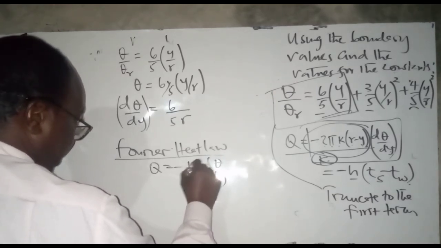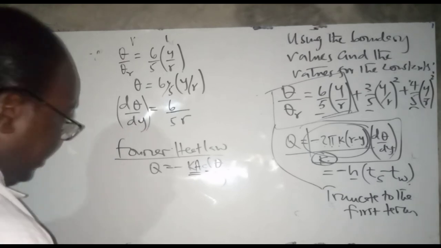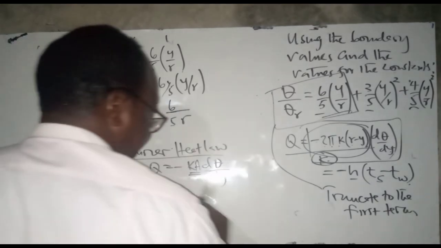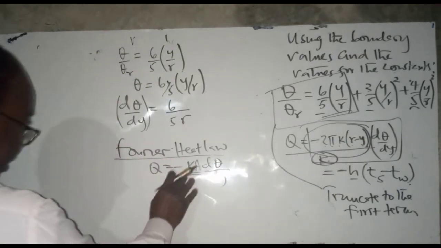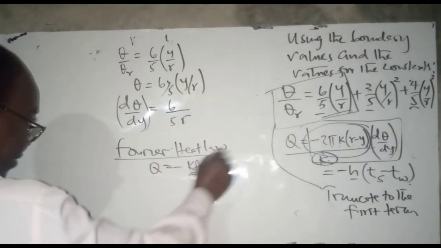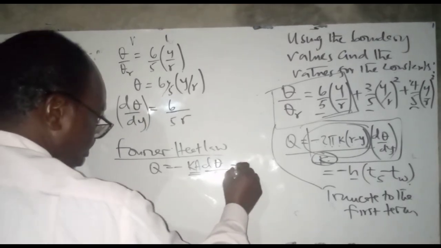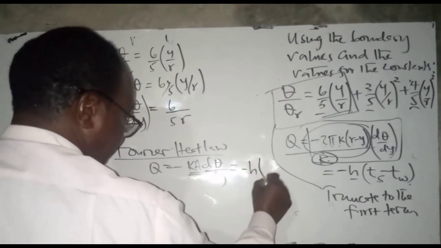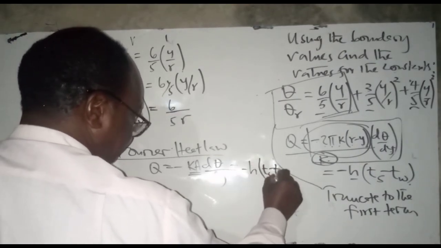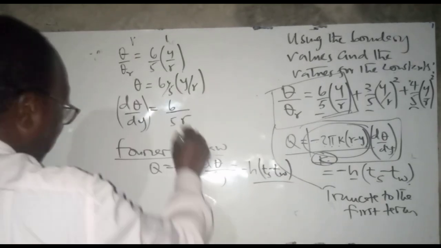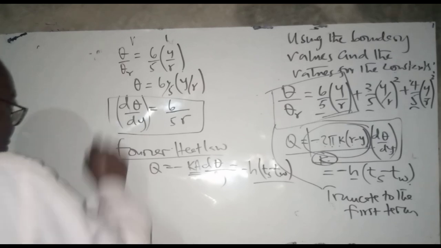Of course, let's just leave the surface as area to make our life easy so that you don't have to worry about that. Just leave it in a simplified form. So what do we have now? That is equal to minus H Ts minus Tw. And so we put in the quantity here for d theta by dy.